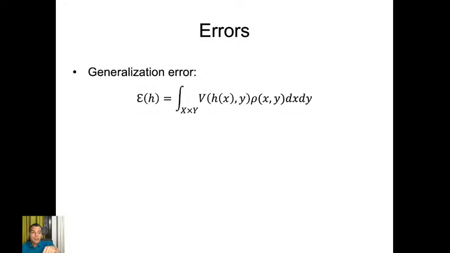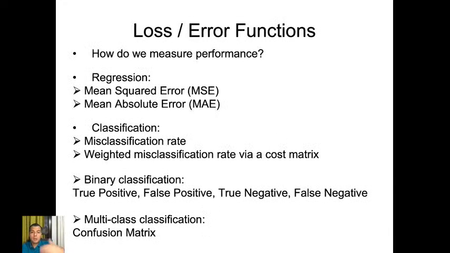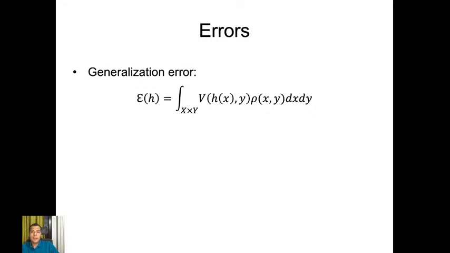Okay, so this is more about the practical performance metrics that we use, but in theory, we have the generalization error. I'm saying in theory because this is a theoretical measure of error based on the integral over the whole space generated by the Cartesian product between x and y.